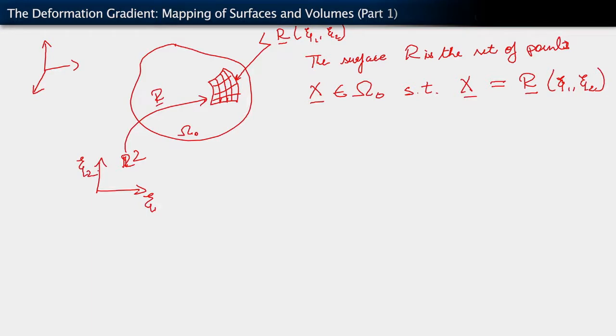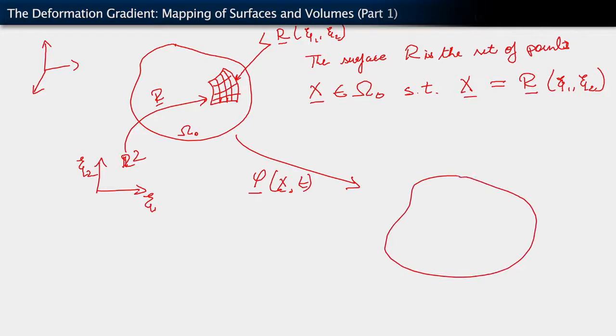All right? Now, the body deforms. Right? Comes into this configuration. All right? And our surface, so this is omega sub t, also gets deformed. Let me try to draw it really deformed.